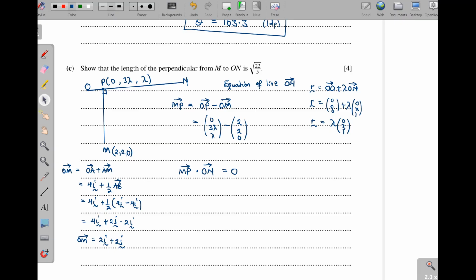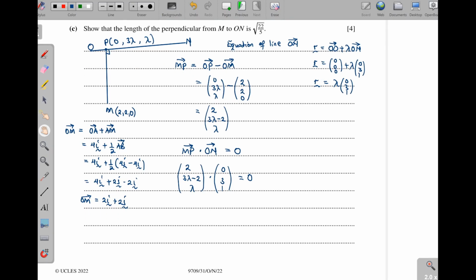Simplifying this one will be negative 2, then 3 lambda minus 2, and then lambda. Now, I'll get this negative 2, then 3 lambda minus 2, and then lambda. Then we dot it with this ON here, which is 0, 3, 1, then we equate this one to 0.